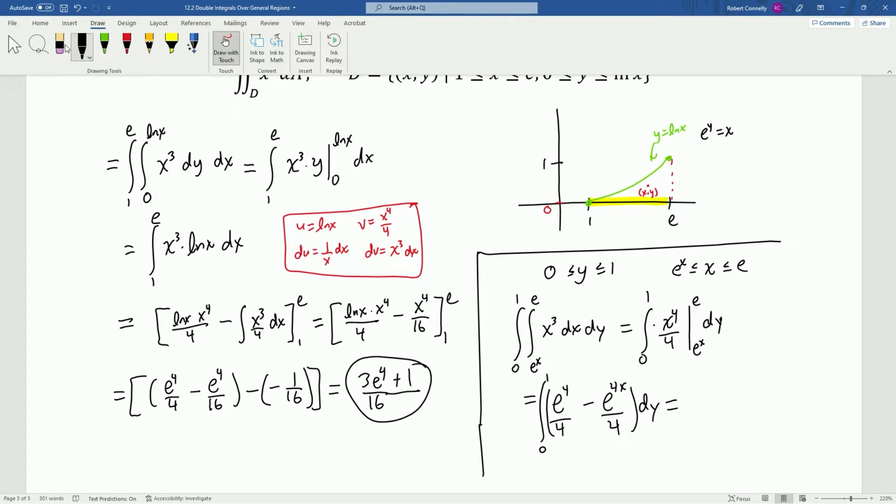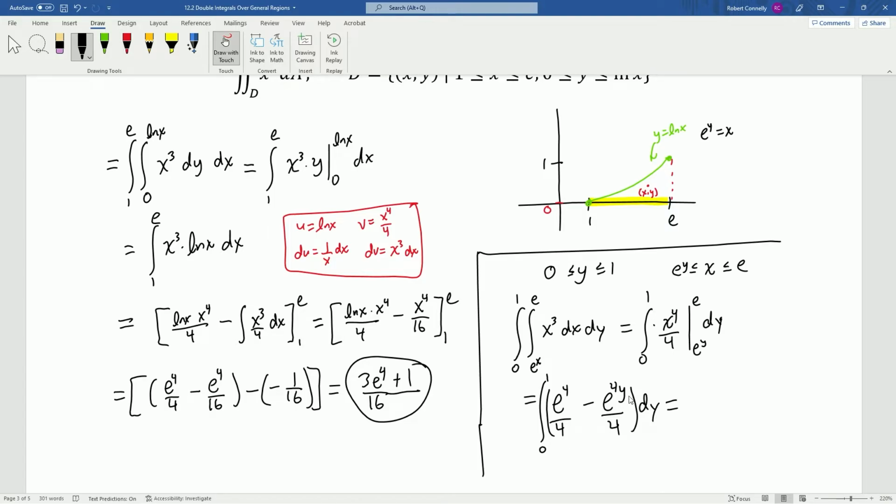That should be e to the y, not e to the x. What am I doing? So this should be e to the 4y.